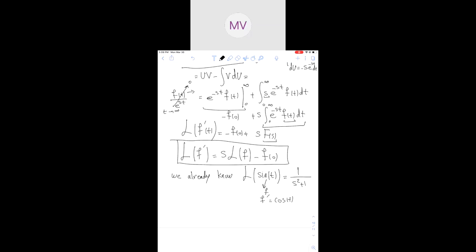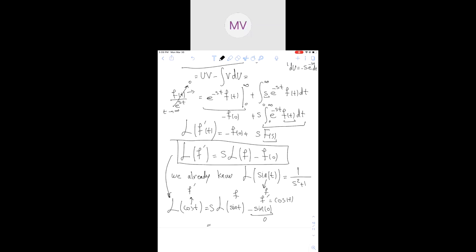So according to this formula, Laplace of cosine of t, which is f prime, equals s times Laplace of f itself, which is sine t, minus f at 0. So f is sine, so sine evaluated at 0. Sine of 0 is 0.